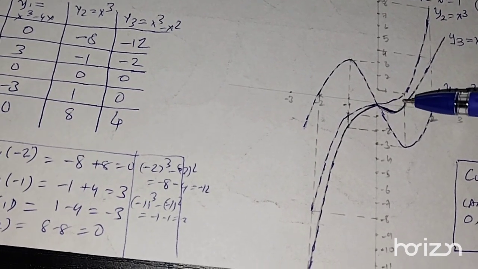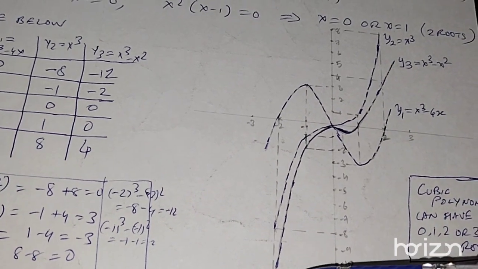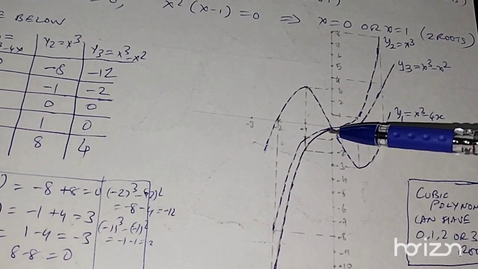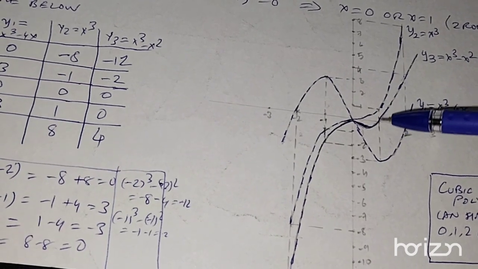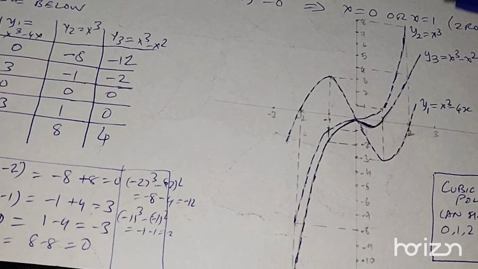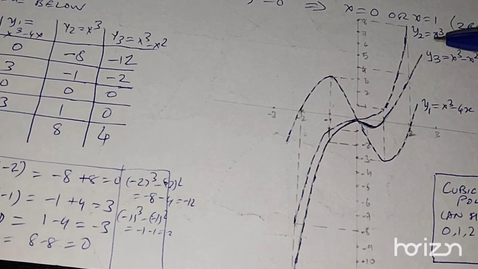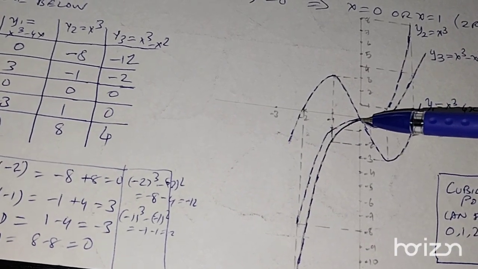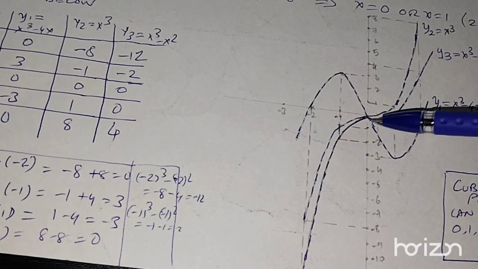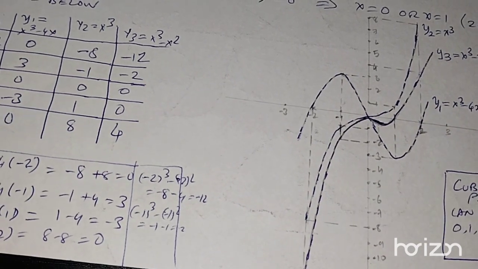So it has 2 roots. Can you see the 2 roots? This curve at the bottom touches the x-axis at x equal to 0, and then cuts the x-axis at x equal to 1. So it has 2 roots. y2 is equal to x cube cuts the x-axis only once, only at x equal to 0. So it has only 1 root.